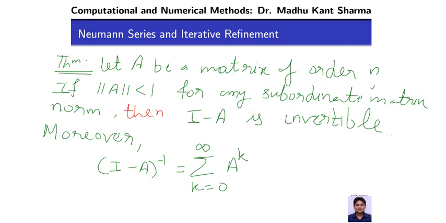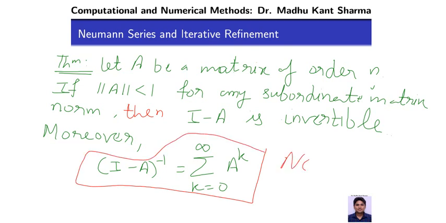So this series is called the Neumann series, which actually converges to the inverse of the matrix without computing its inverse.